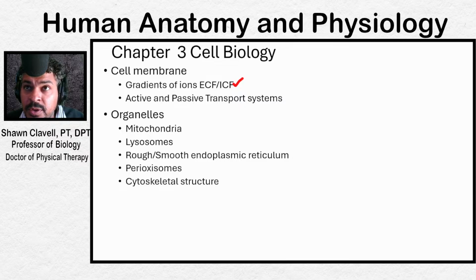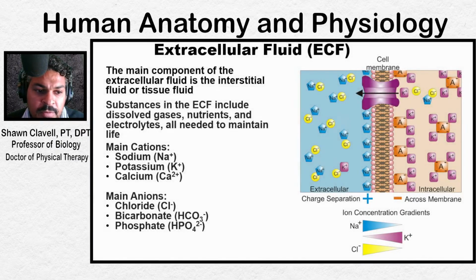And as a result, the maintenance of that concentration gradient is primarily an active transport system referred to as the sodium-potassium pump. So the sodium-potassium pump is something that you guys will definitely need to be familiar with, in terms of the process by which it works.